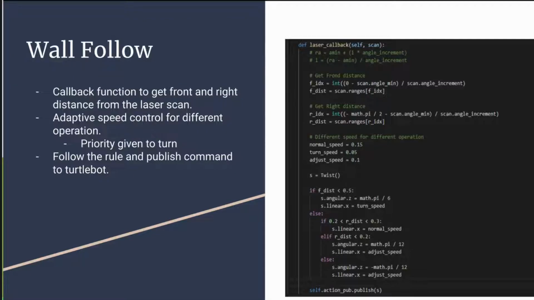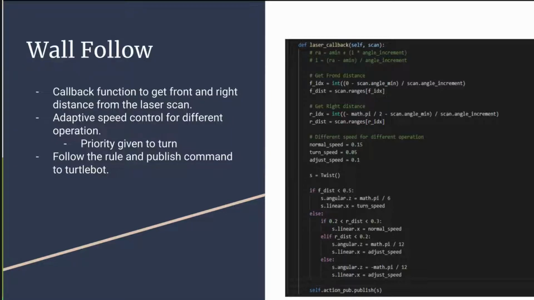And after that, it's basically when the distance at the front, as you can see here, we're entering a conditional loop. So the priority is turning. We don't want the front of the robot to hit the wall. So if the front distance is smaller than 0.5, we're gonna apply an angular speed on the robot, and also set the robot into turn speed so it can turn.